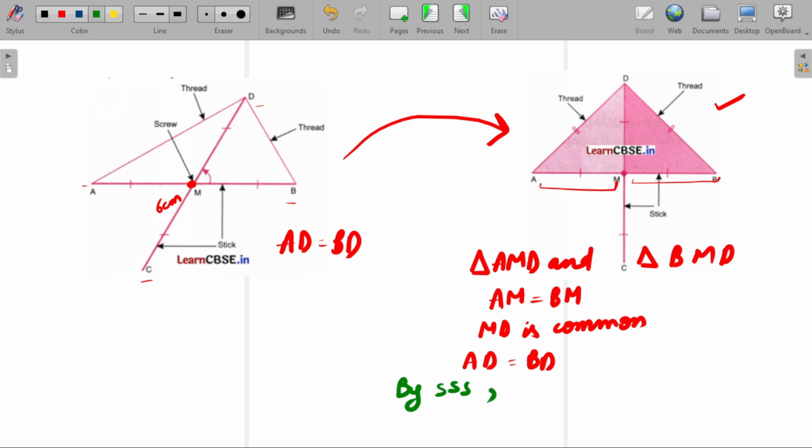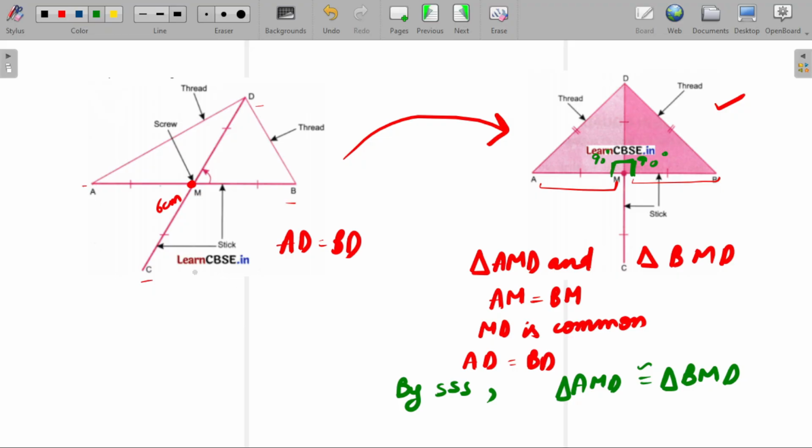By SSS criterion, triangle AMD is congruent to triangle BMD. If these are congruent, then angle AMD and angle BMD both will be equal, and they are a linear pair also. They are equal and making a linear pair. That means they both are 90 each, right?